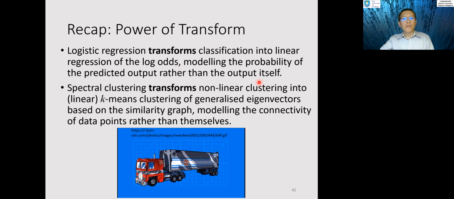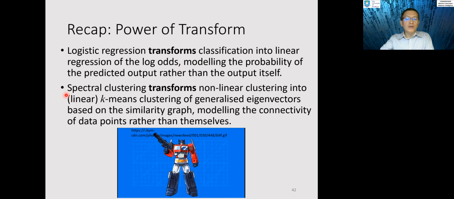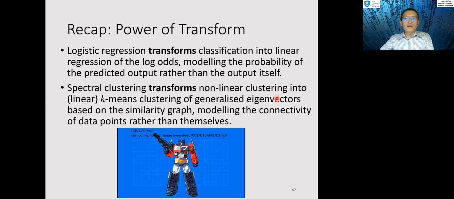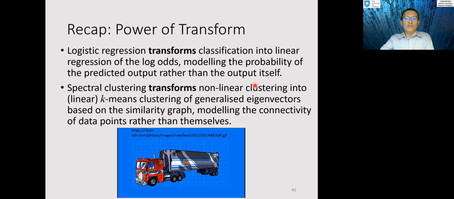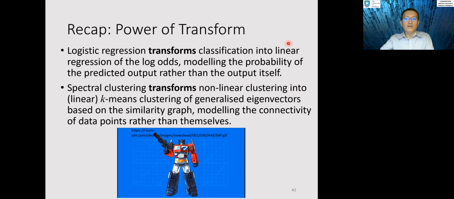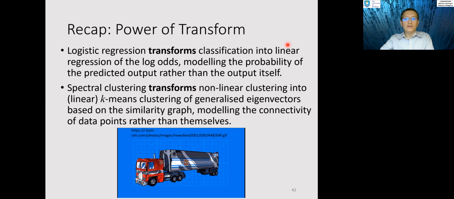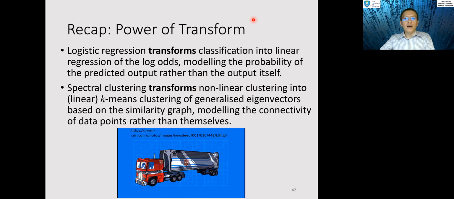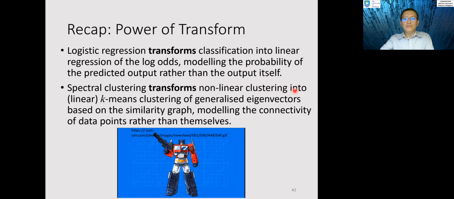Similarly, in spectral clustering, we can transform a nonlinear clustering problem. Recall that the two-circle problem is a nonlinear clustering problem because a line cannot separate the two clusters.